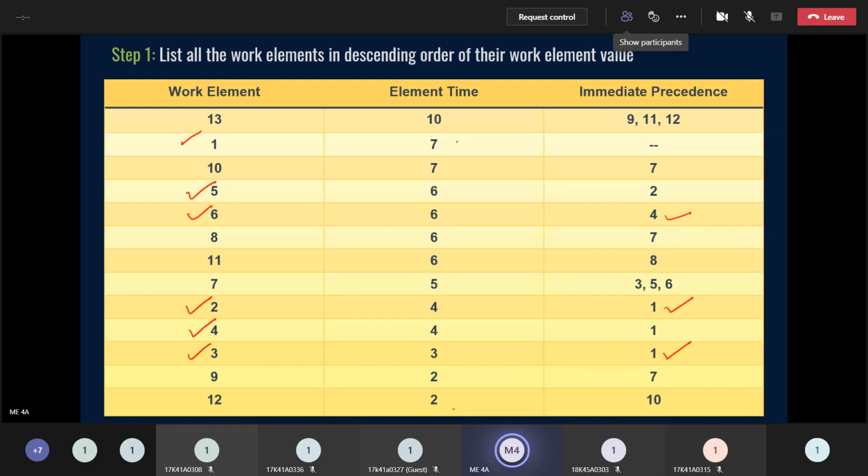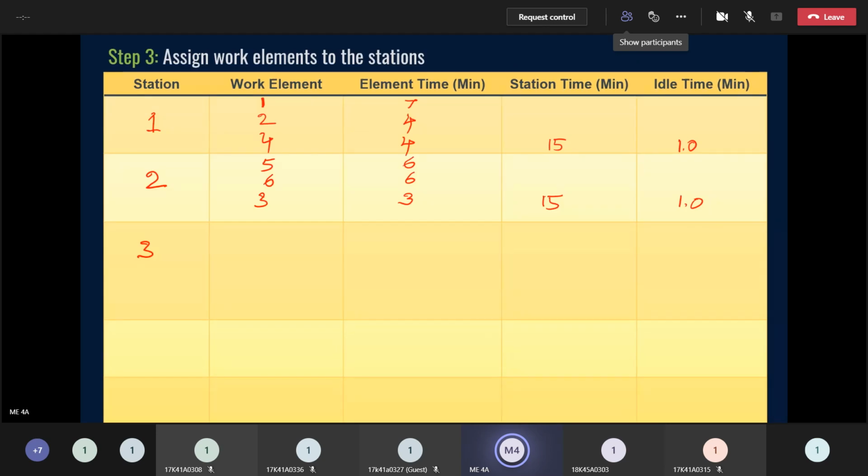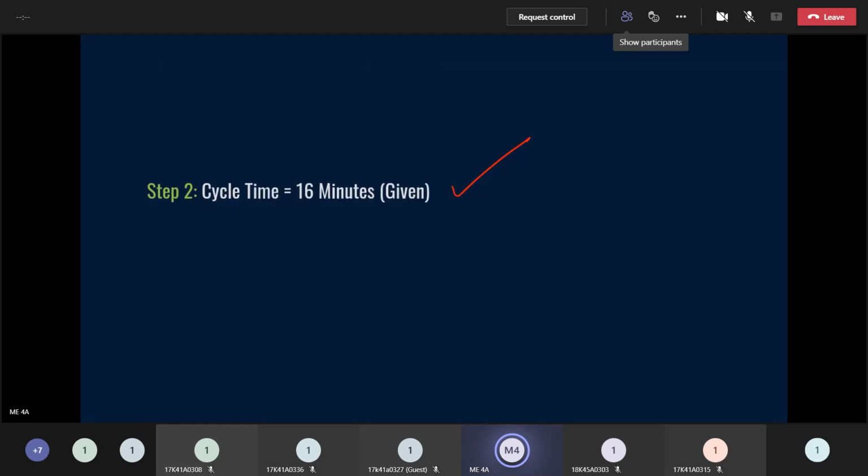See the constraint. 7 is not over. So which one will you take now? We can take 7th one, sir. 3, 5, 6 are already over. You have to start with 7. 7 takes 5 minutes.